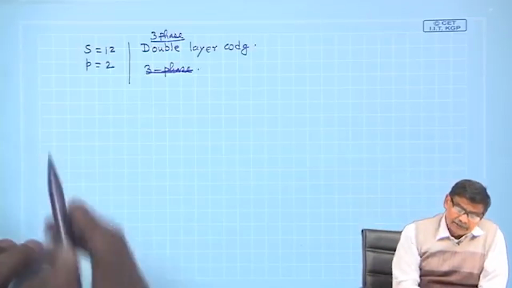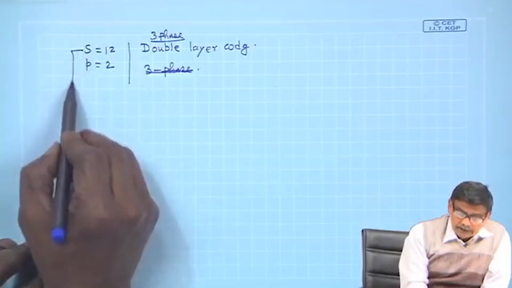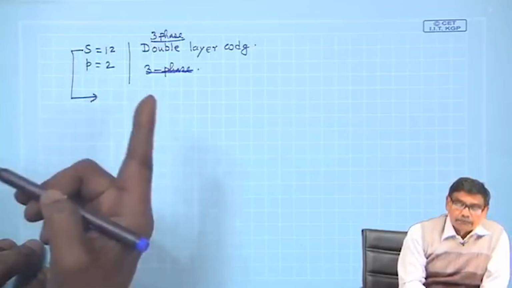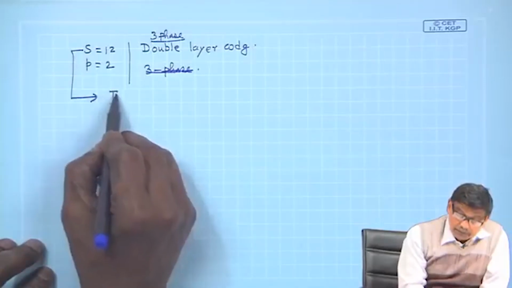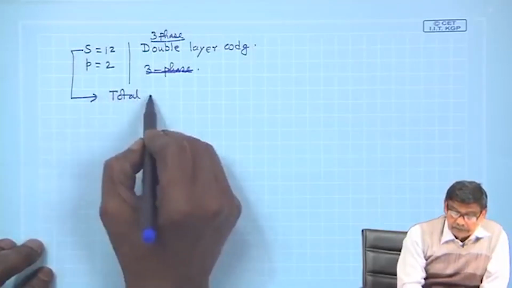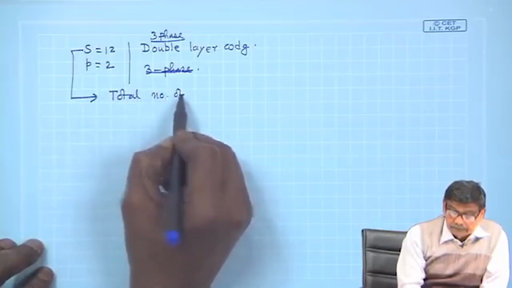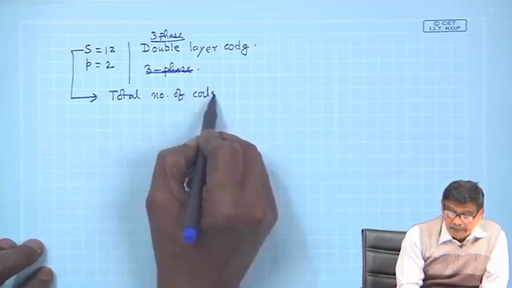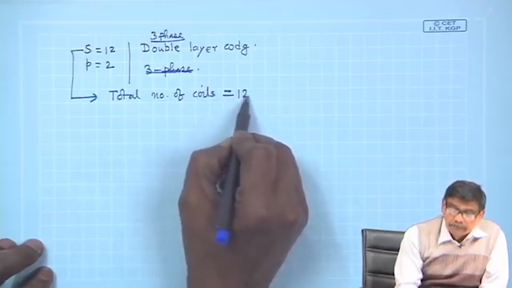Okay. As you know, S equal to 12 tells me that the total number of coils is also equal to 12.